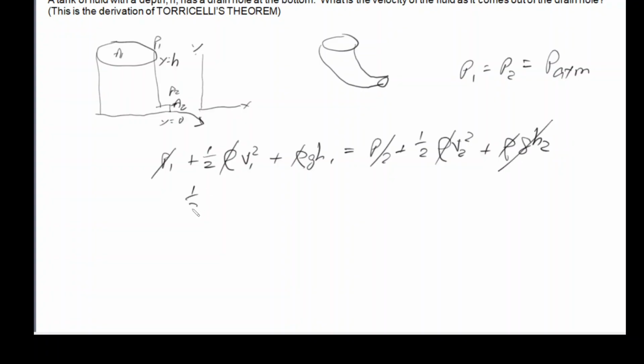So what we end up with is 1/2 V1 squared plus GH, in this case H1 is equal to H, is equal to 1/2 V2 squared. So if we solve for V2, we get V2 squared ends up being V1 squared plus 2GH.